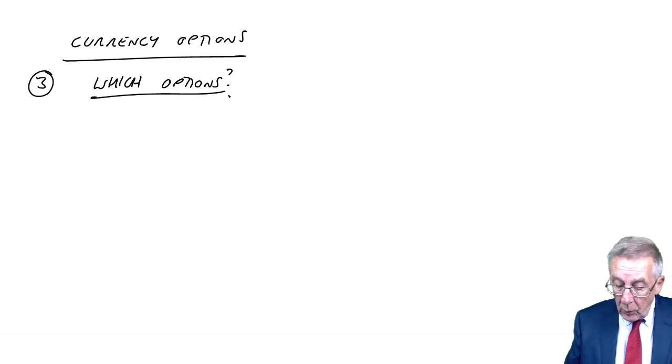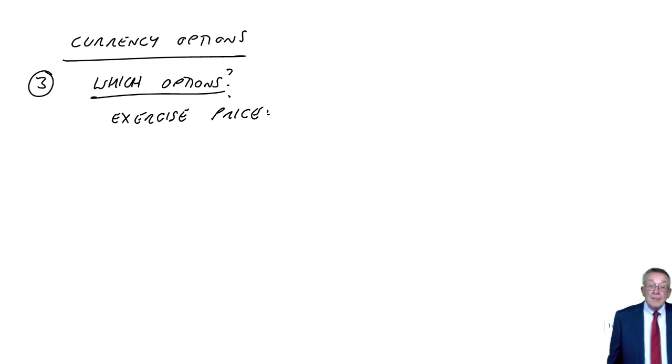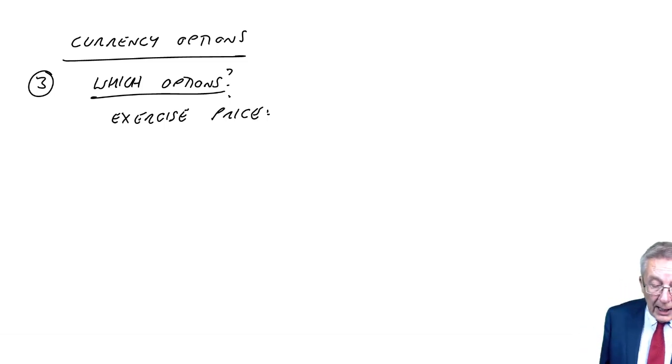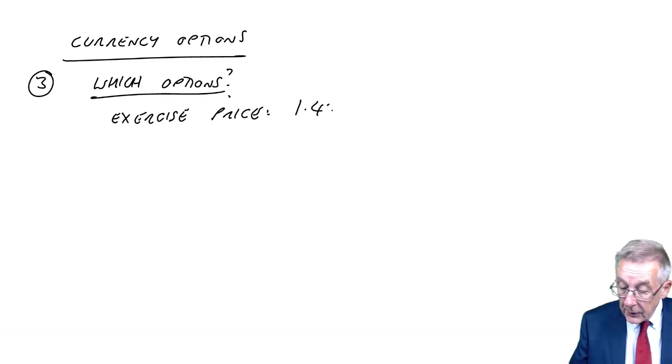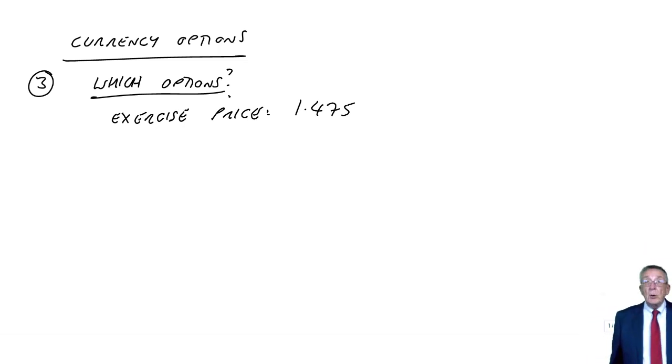First of all, what exercise price. That obviously affects the premium. Although there were 3 available, the question specifically says he wants to hedge the risk at 1.475. So that's the strike we're going to go for. I'll talk afterwards about what to do in the exam if they don't tell you which strike price to choose, but here they did. So there's the exercise price.